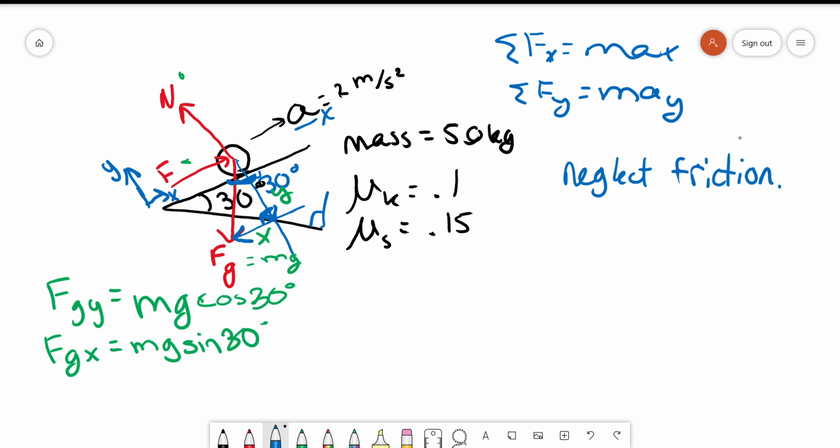And there is actually no a in the y direction because in the y direction, our ball is not flying off the ramp, nor is it going into the ramp. So it's being held in that plane, which makes our math a little easier. And I'm going to go ahead and do the x direction first. Okay?